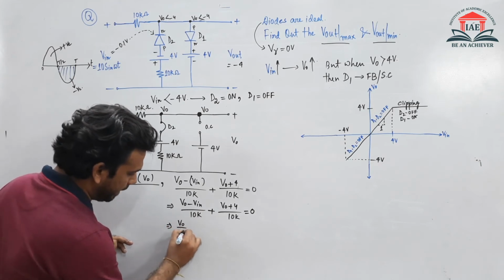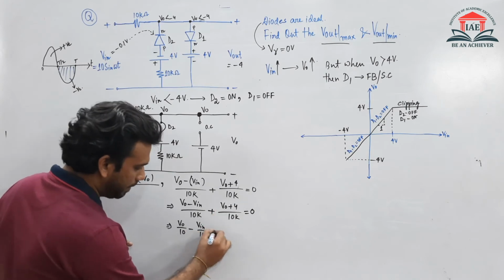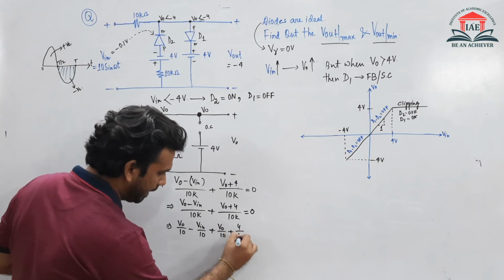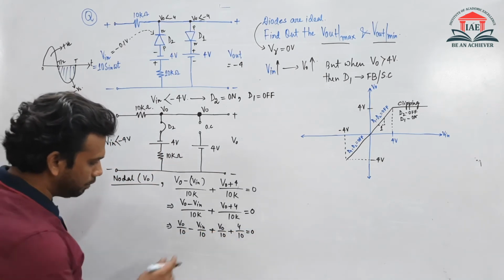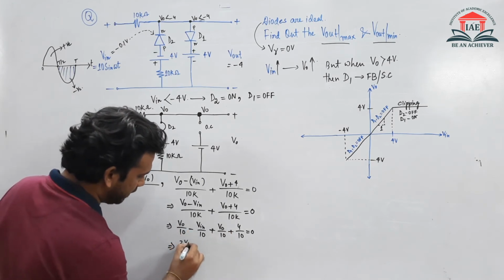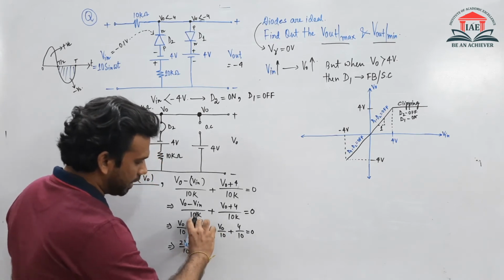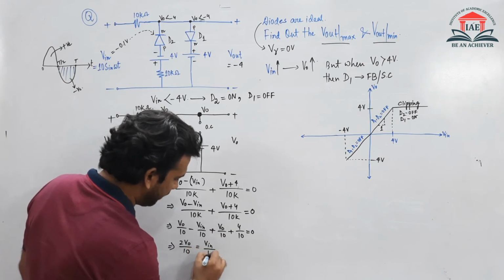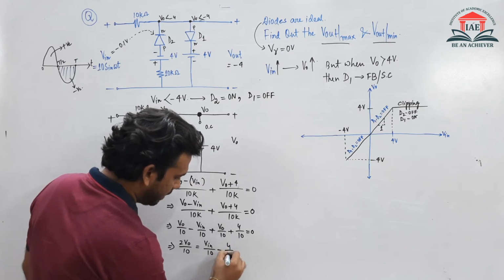So V0 by 10 और यहाँ पे मेरा V input by 10, यहाँ पे भी मेरा V0 by 10 plus 4 by 10. So now if we want to calculate what will be the value, so 2V0 by 10 is there, so we can write 2V0 by 10, or I can take this term and this term on the right hand side, so it will be V input divided by 10 minus 4 by 10.